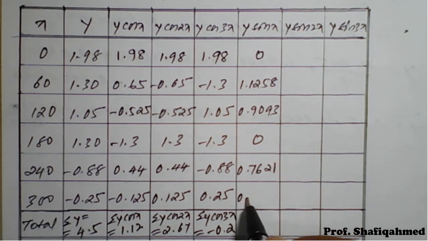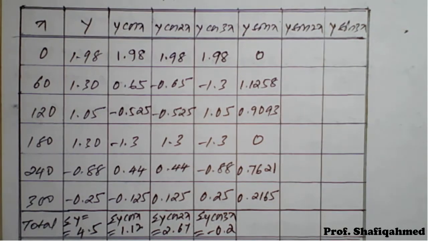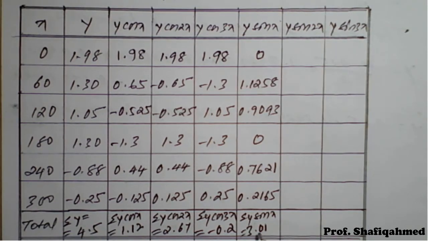Next is 0.2165, and the summation of y sin x will be 3.0137. So it is 3.0137.